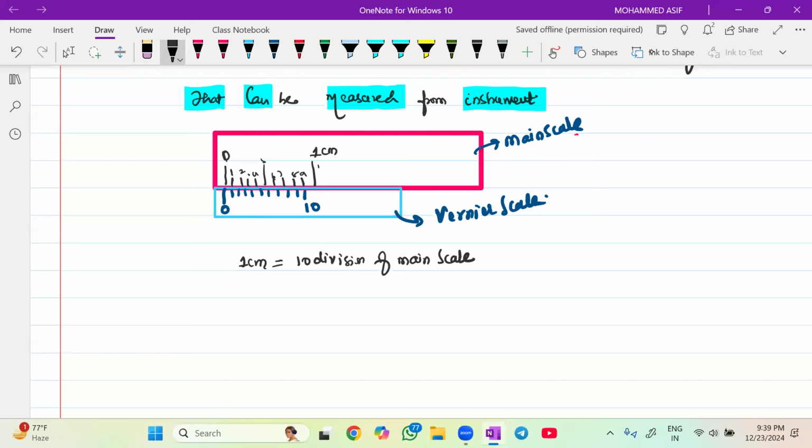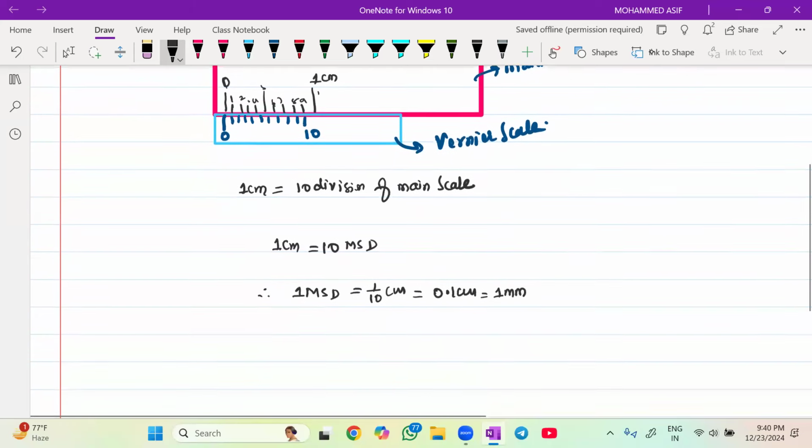Now can I write like this: 1 centimeter is equal to 10 main scale divisions, MSD. Okay. So therefore, can I say that 1 MSD is equal to 1 by 10 centimeter, beta? 1 by 10 is nothing but 0.1 centimeter, which is 1 mm.